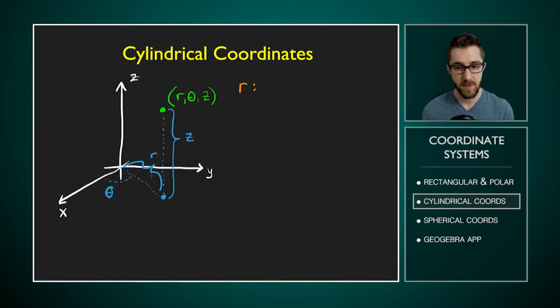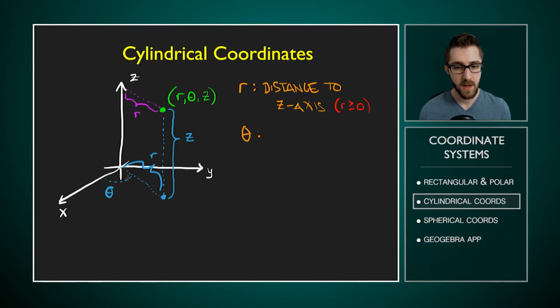So a way I like to think about it is, another way to draw a segment with the same length here is to draw it up in the same horizontal plane. So let's draw it here in pink. This line goes straight to the z-axis, and it's parallel to this one in the xy plane. So the length of this is also r. And so a consequence of this is that we can say that r is the distance to the z-axis. Just like in polar coordinates, we're always going to say that r is non-negative because it's measuring a distance.